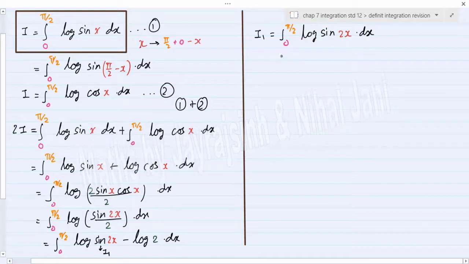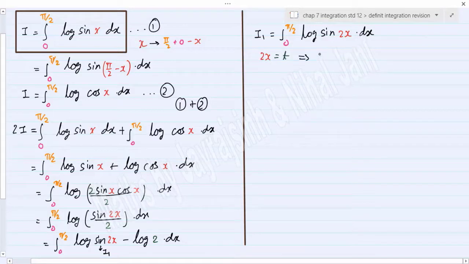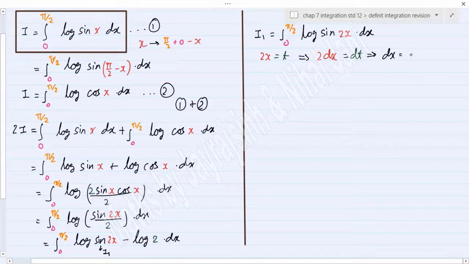So let's try to remove this 2x by assuming 2x is equal to t. So we will get 2 dx is equal to dt, or we can say dx is nothing but dt by 2. We also have to change the limit.